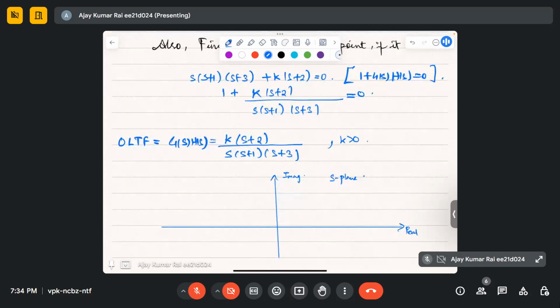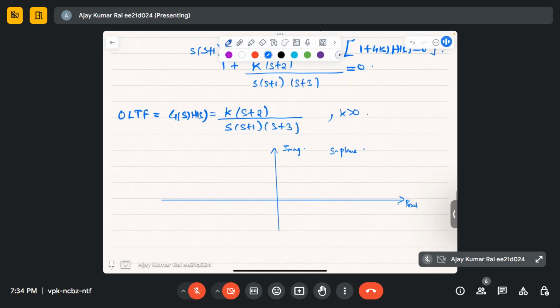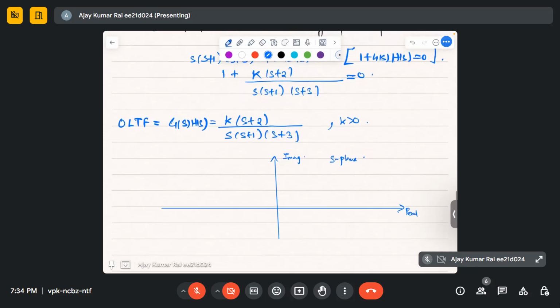So first, the first step was to plot the open loop zeros and poles. What can you say about the zeros? It has only one zero, at minus 2, so m is equal to 1. And what about the poles? We have them at 0, minus 1 and minus 3. So n is equal to 3.